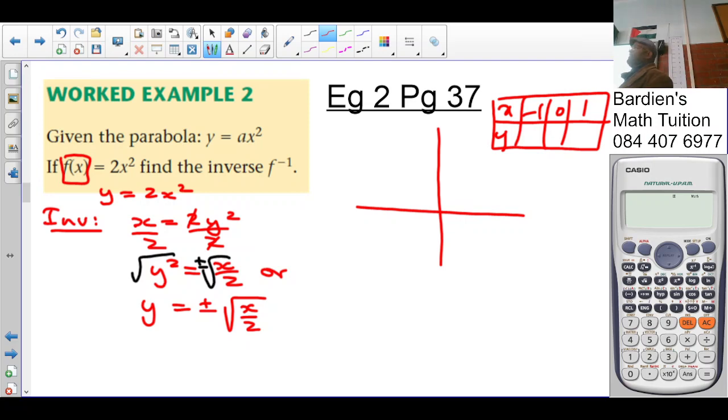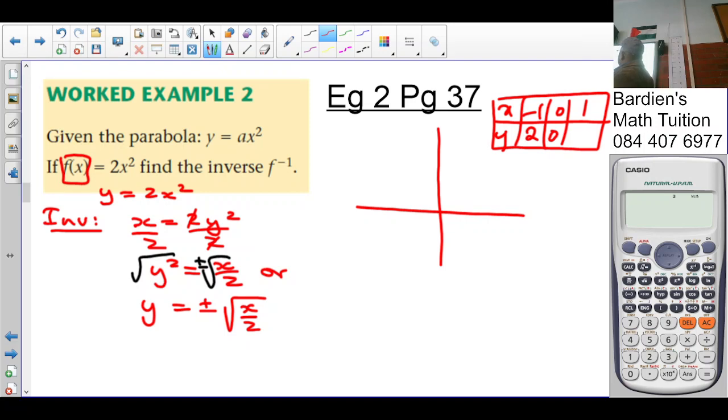If I put minus 1 into that formula, f of x, you're going to get 2. Put 0 in? 0.